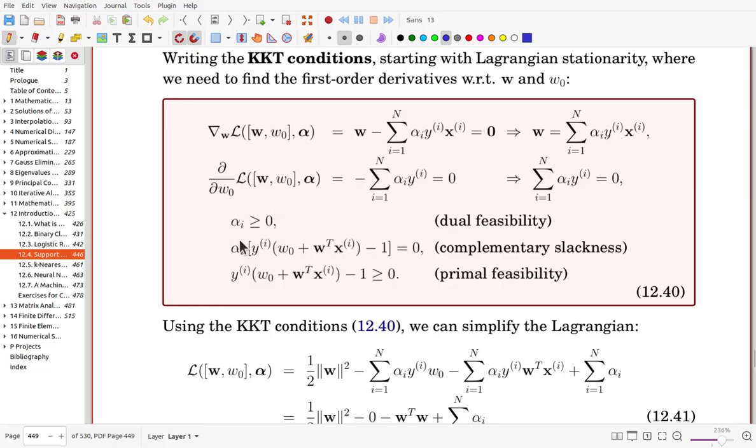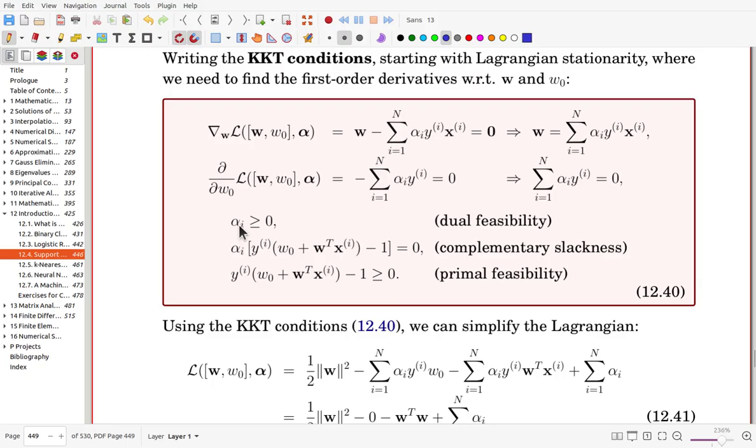Now the Lagrange multipliers must be non-negative. That is called dual feasibility. We'll try to solve the problem along with the Lagrange multipliers being non-negative. And that is the primal feasibility. This is the original constraint condition. Now, mathematically, we can prove this one.